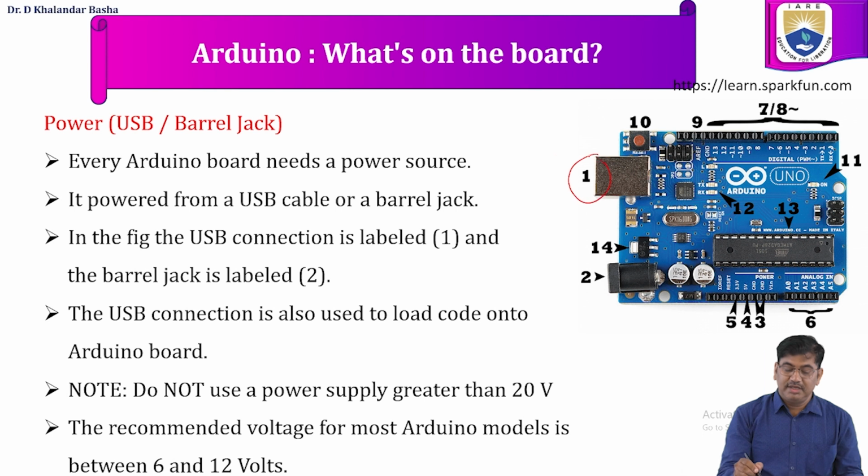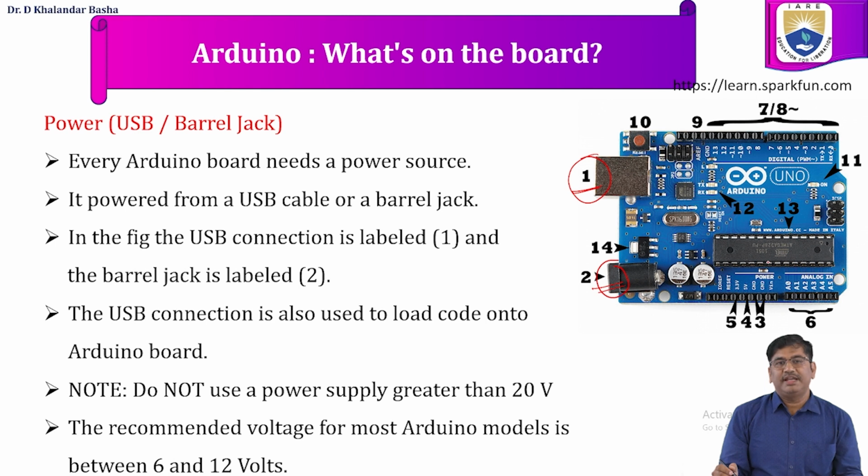First, we will see the power supply. You can connect the Arduino board with USB, or we can connect through the barrel jack. So every Arduino board needs a power source. It powers from a USB cable or a barrel jack. In the figure, the USB connection is labeled as 1 and the barrel jack is labeled as 2.